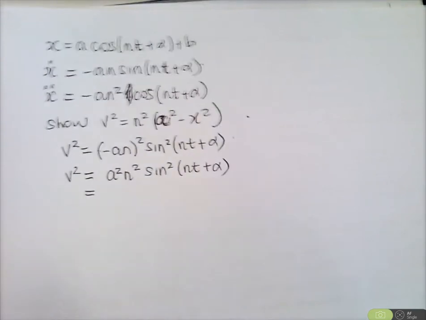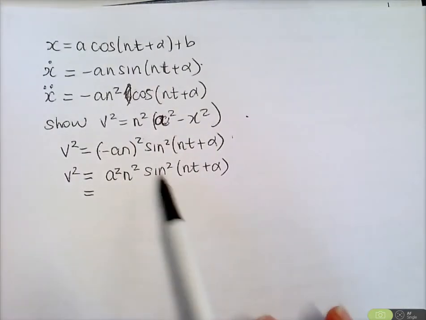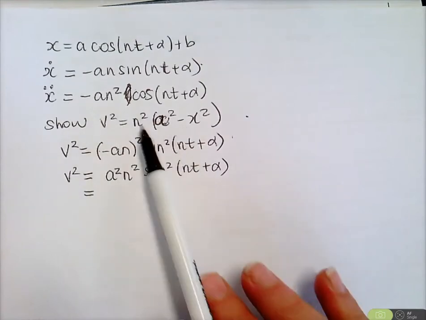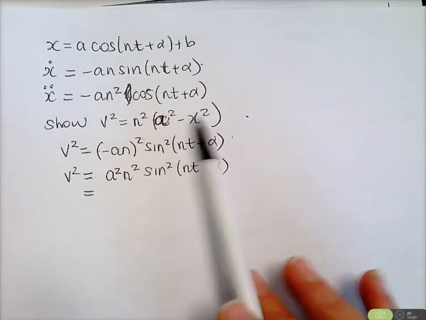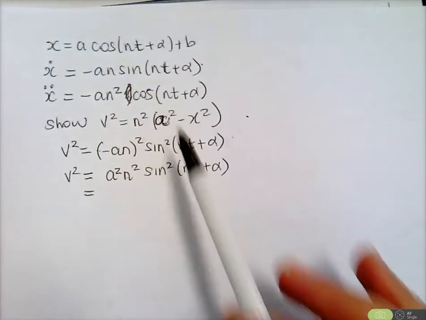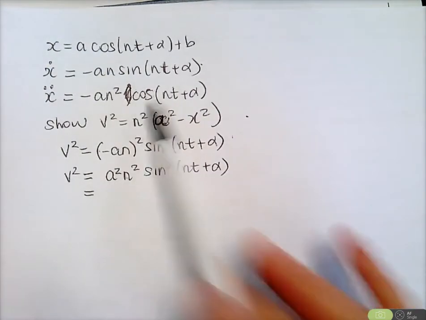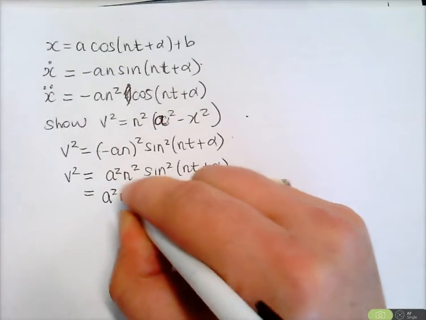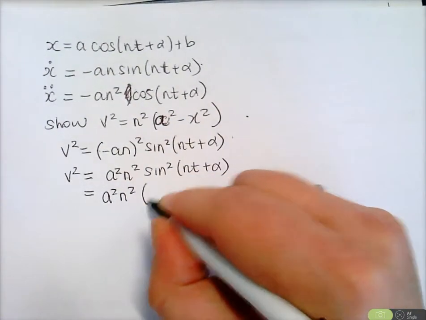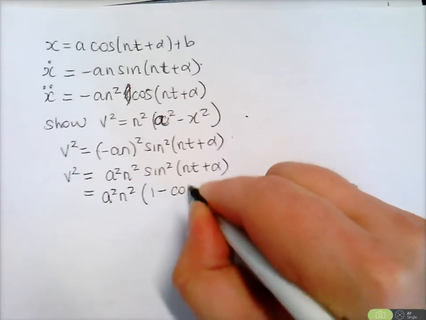Now, do you remember what we did before when we did this? Girls, we're trying to show that v squared is n squared. We can see an n squared, but we need a squared minus x squared. Just for a hint, a is in terms of cos, and so is x. So you're going to change your sine squared into 1 minus cos squared.